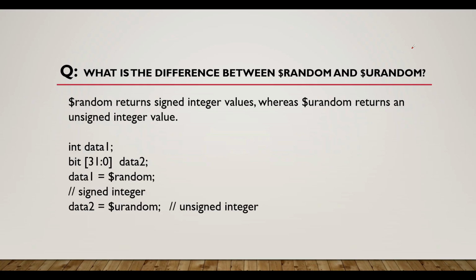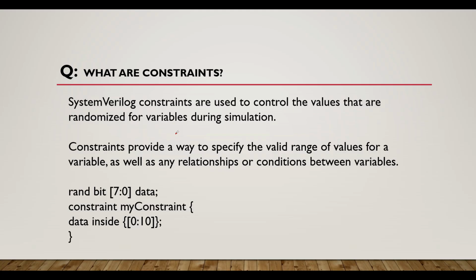Now, what is the difference between $random and $urandom? The main difference is that $random will give you a signed integer value, whereas $urandom will return an unsigned integer value. Now, what are constraints?